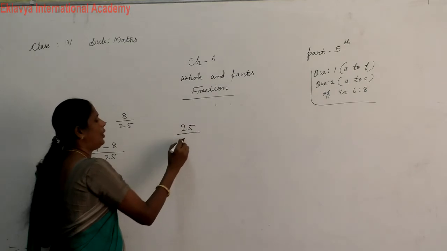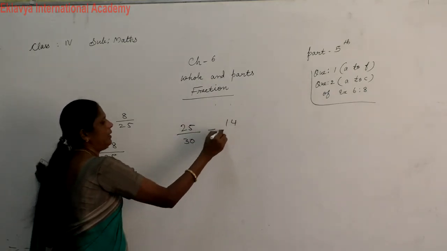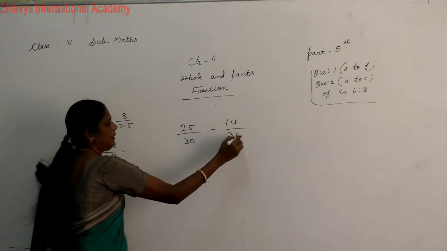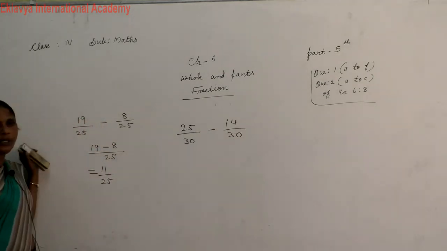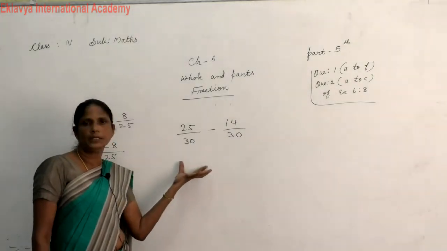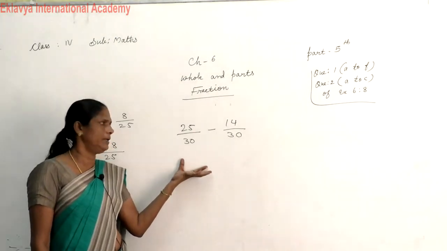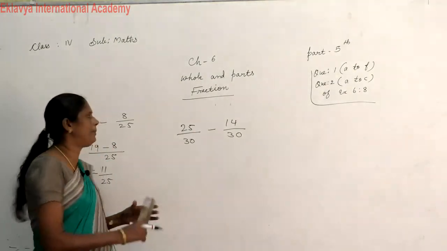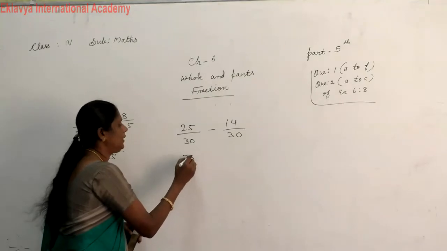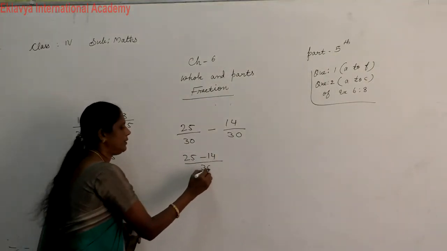25 upon 30 minus 14 upon 30. Look here, both denominators are the same. Yes. Now we subtract 25 minus 14 upon 30.